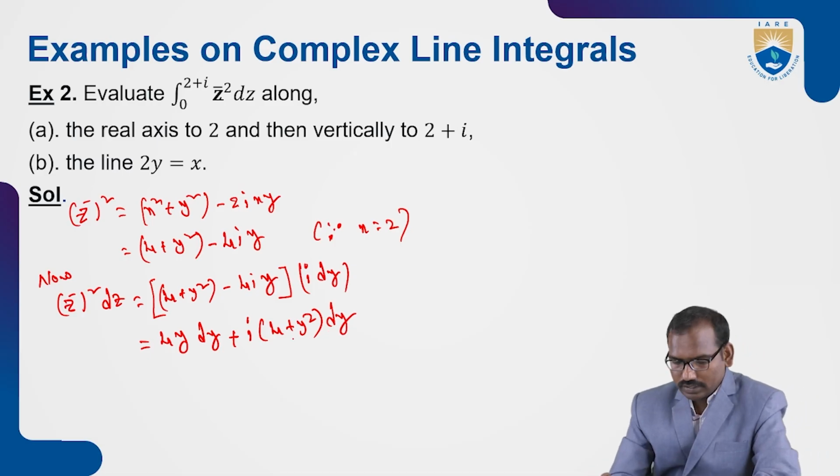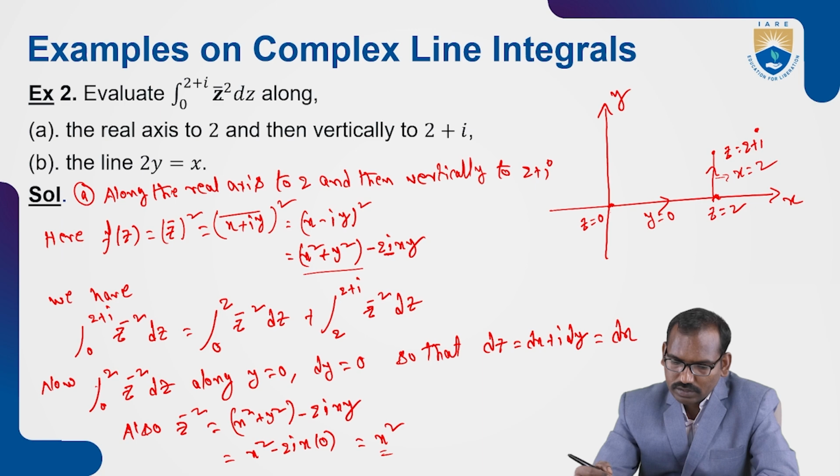How is y varying on this path? In this path, from z is equal to 2 to z is equal to 2 plus I, at z is equal to 2, y is 0. At z is equal to 2 plus I, the y value is 1.